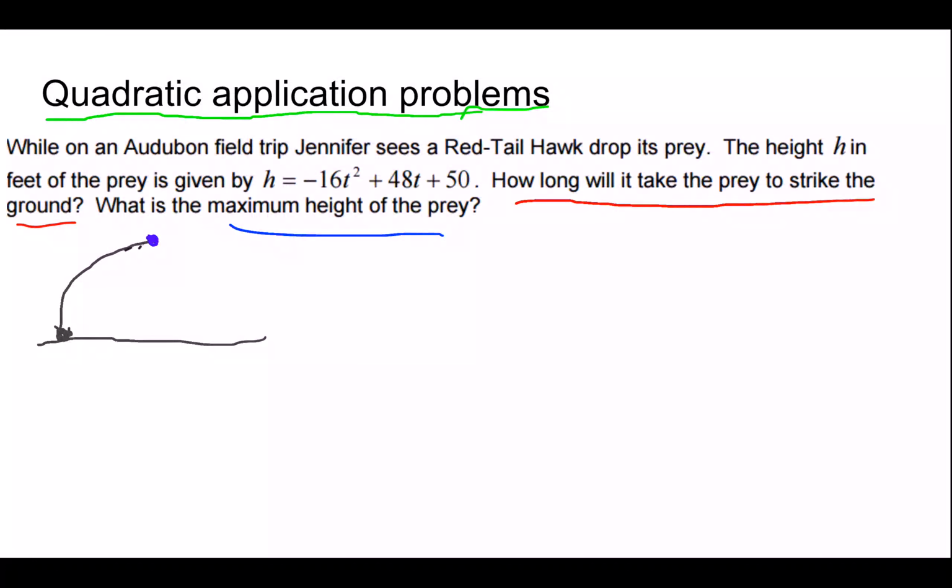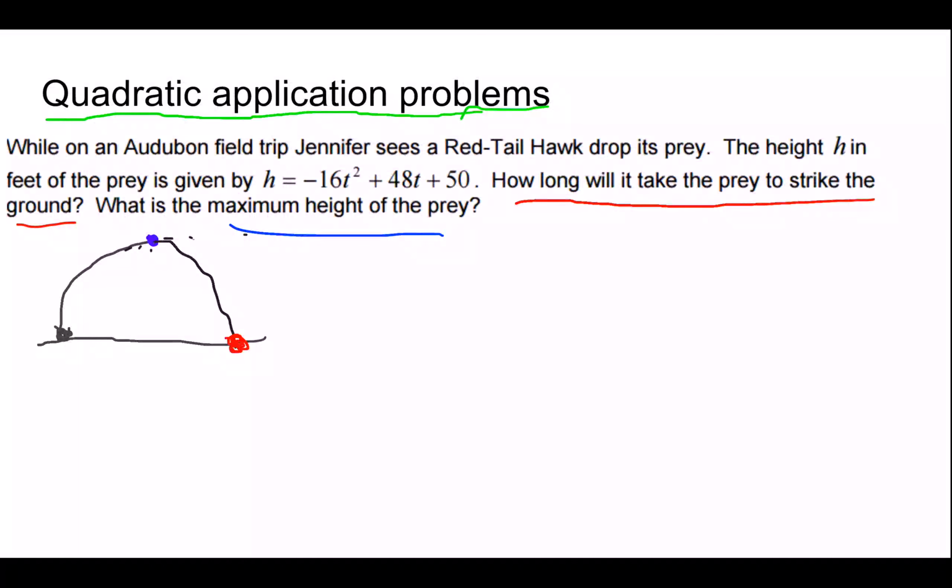Since it had this speed, it's going this way, it doesn't go straight down to the ground. It has some momentum, so it's going to curve back down, and it's going to hit the ground right here in red.